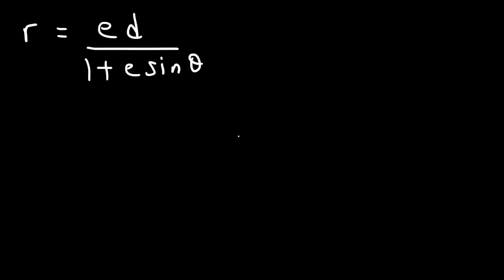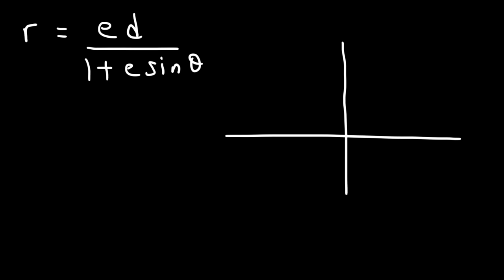Now there's 4 variations that you need to be familiar with. So here's the first one. r equals ed divided by 1 plus e sine theta. The origin, also known as the pole, is going to be the location of the focus. For this particular graph, it's going to open in the downward direction, and above it, you have the directrix.